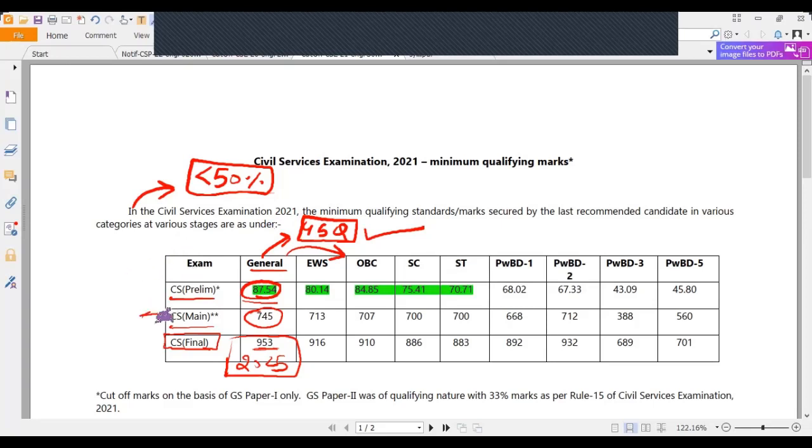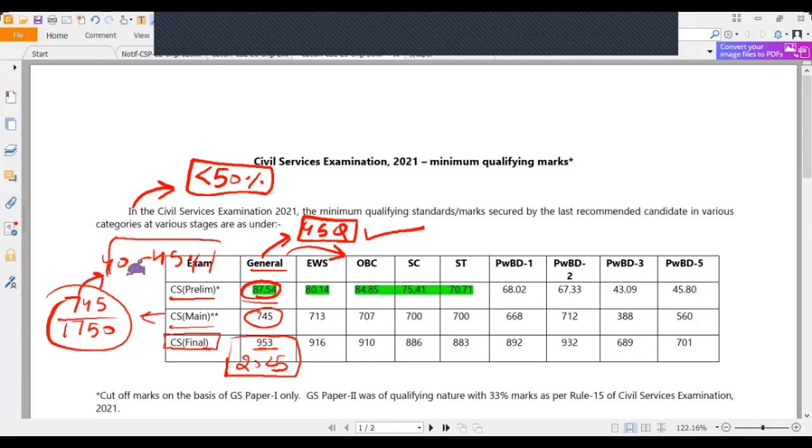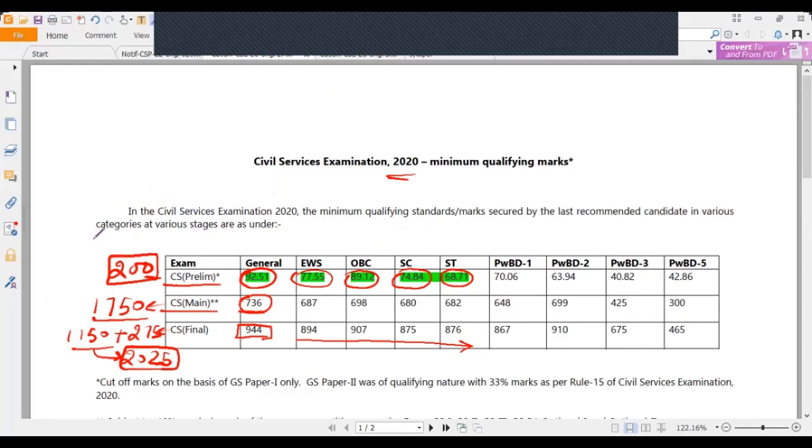And for the mains stage, it is 745 out of 1750. So this is also roughly between 40 to 45%. And the same was in 2020 as well. So that's all about the cutoff marks in 2020 and 21.